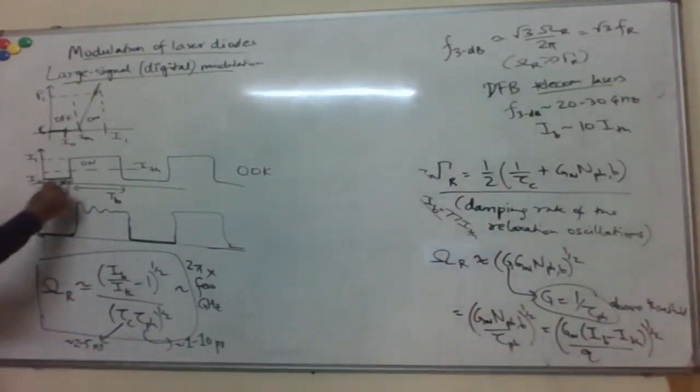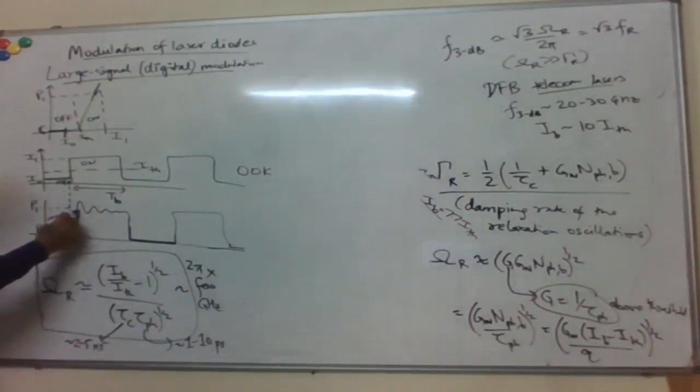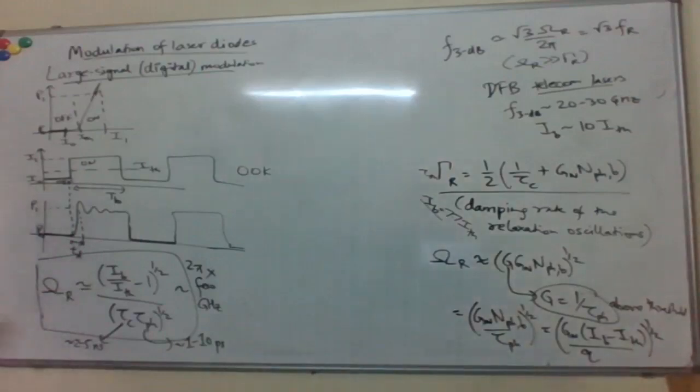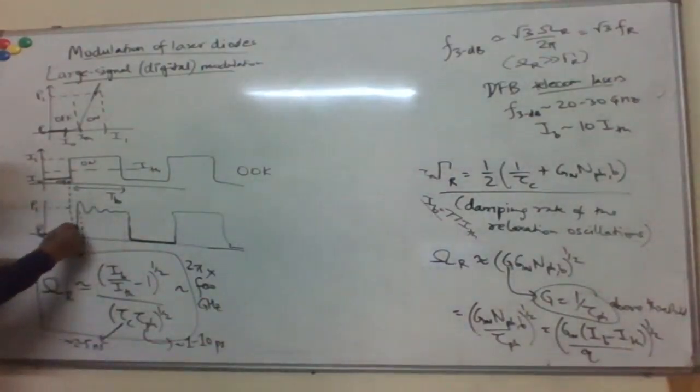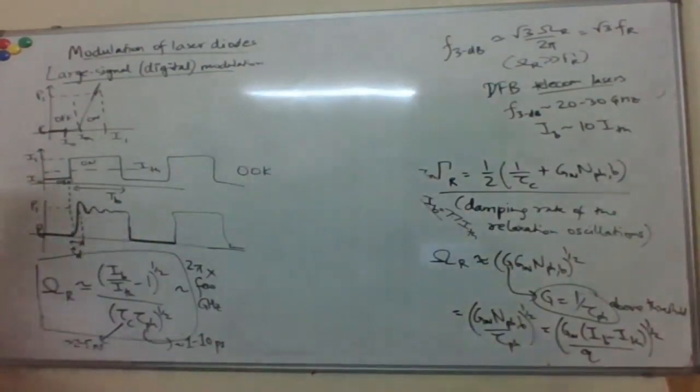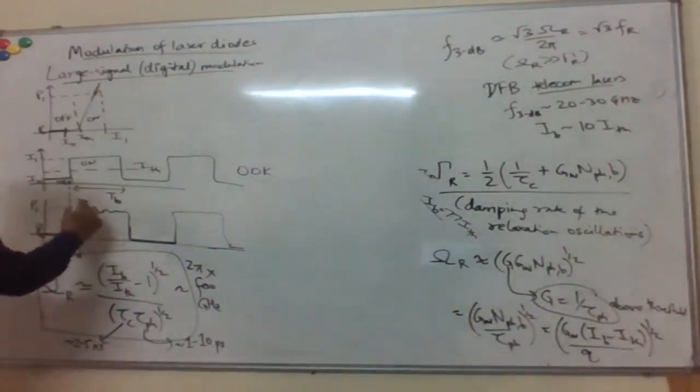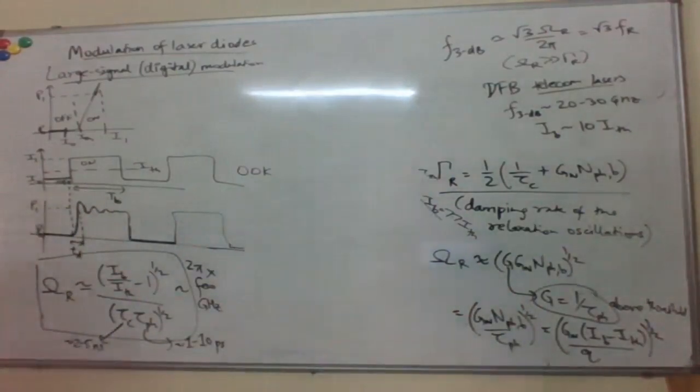So there is some rise time here, some time delay for the optical power to reach this high value, which corresponds to bit 1. And not only is there a delay, there are also these oscillations, which are basically the relaxation oscillations happening. So this response is basically like a damped sinusoid, which happens in any such system.